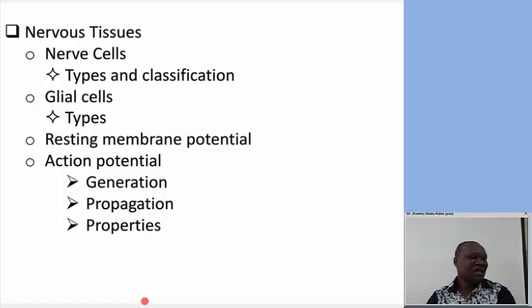We'll then look at nervous tissue. We'll look at the nerve cells and the glial cells. We'll classify them. And then we'll look at resting membrane potential and action potential. Now, if there is time, we'll look at the muscular tissue.